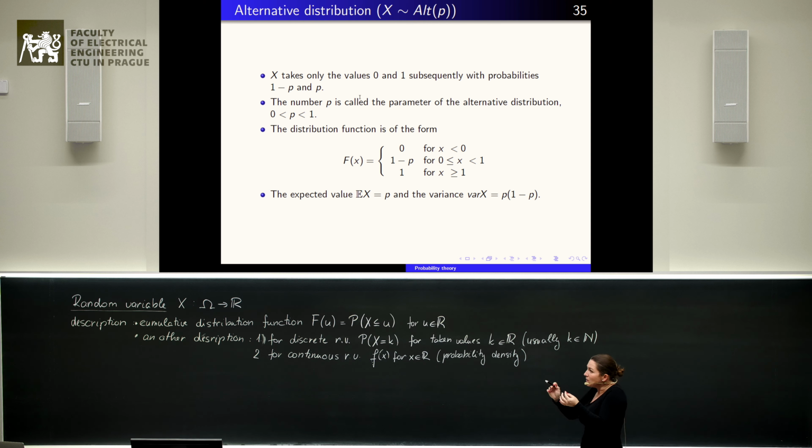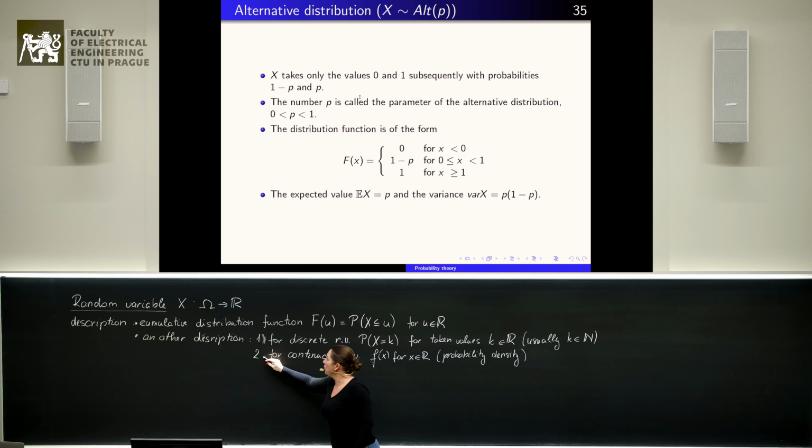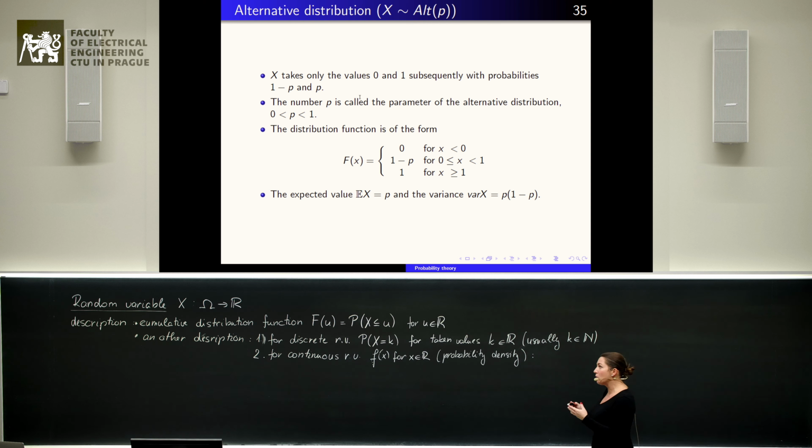So there, it can be continuous on the real axis, therefore also the random variable is called continuous. And the probability density is the analogy of probability in the first case.